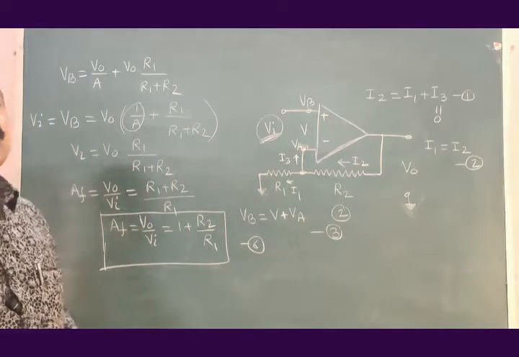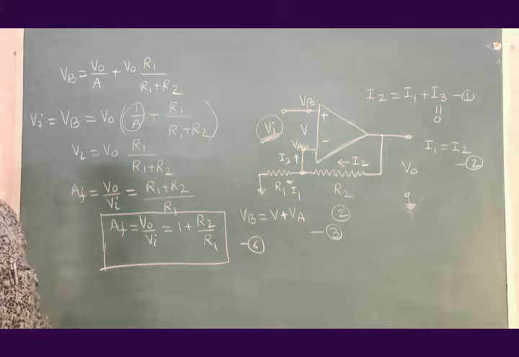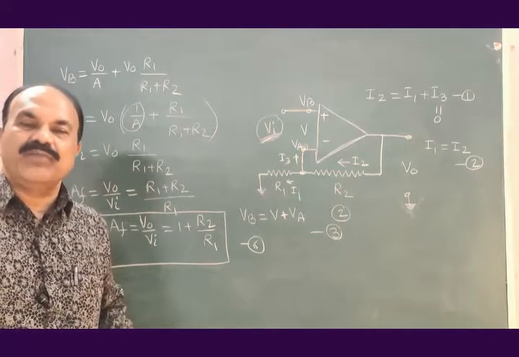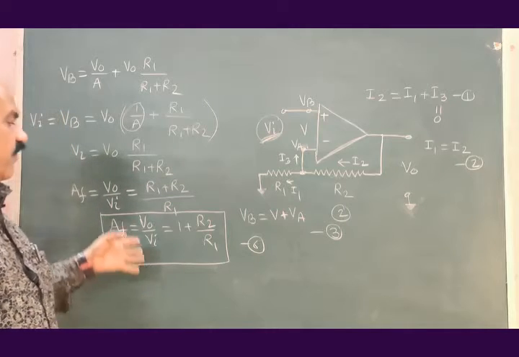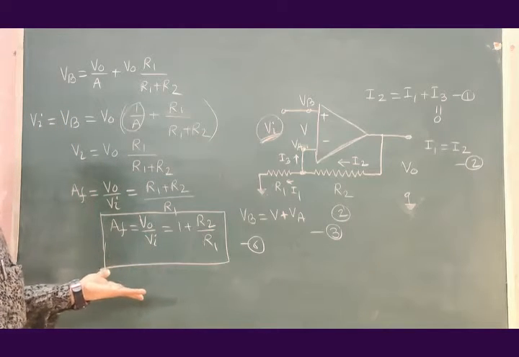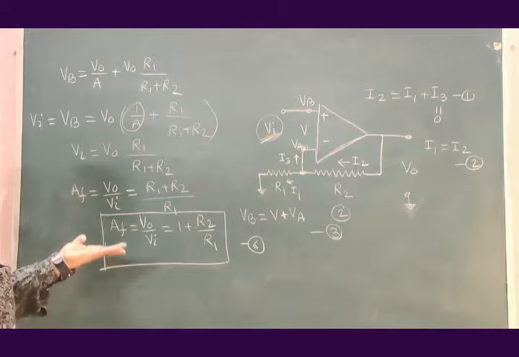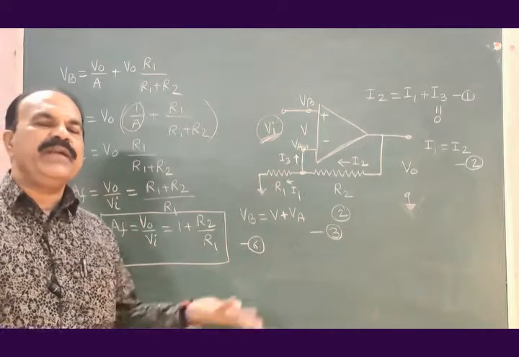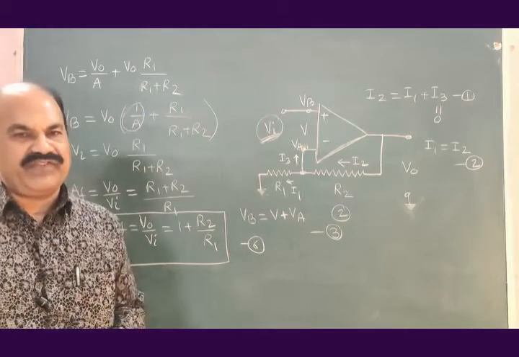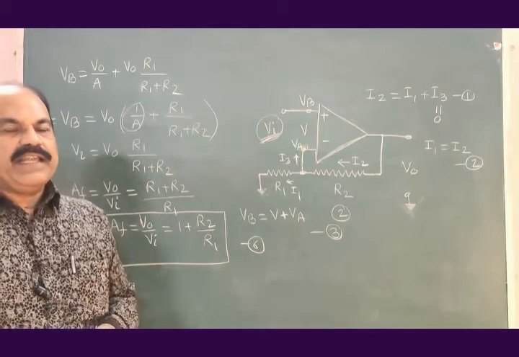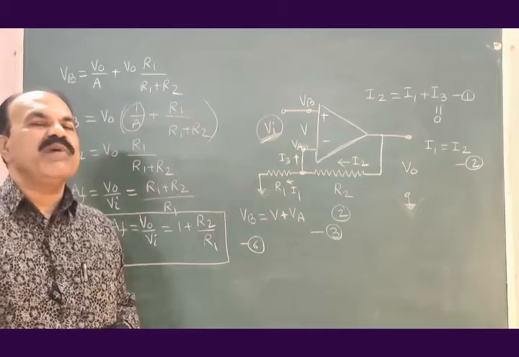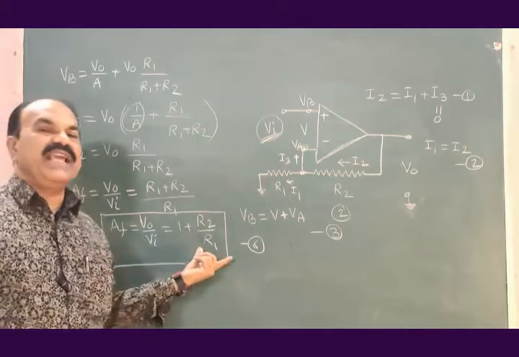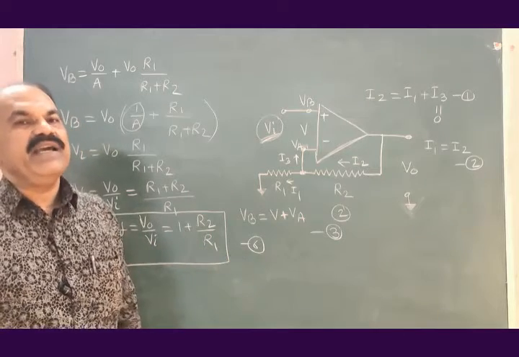Values of R1 and R2 are fairly constant. They are independent of all parameters of operational amplifier, and therefore voltage gain of operational amplifier when used as non-inverting amplifier is independent of the operational amplifier itself. It depends only on the values of R1 and R2, which are fairly constant, and therefore this gain will always be constant.